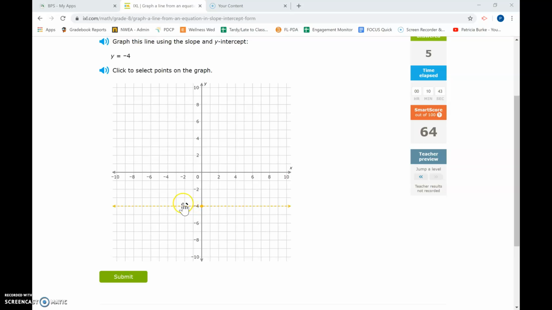If you have no slope, you have a horizontal line straight across. So we could pick any other point to make a horizontal line straight across.